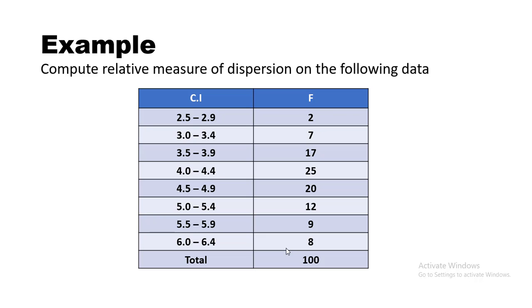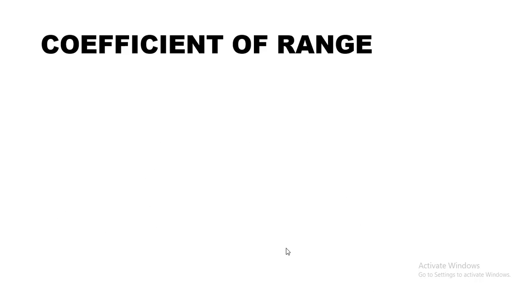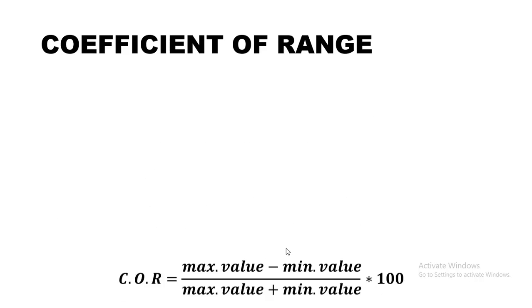In order to find relative measure of dispersion, we need to find all the parameters, which are median, quartiles, and standard deviation, all calculated for group data. So let's get started.